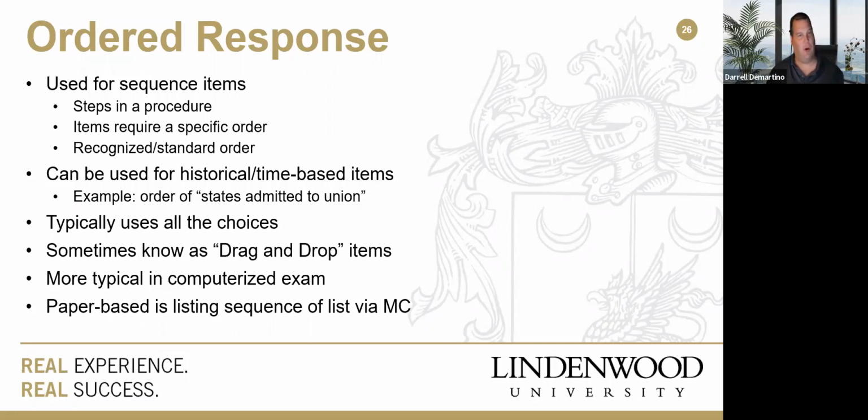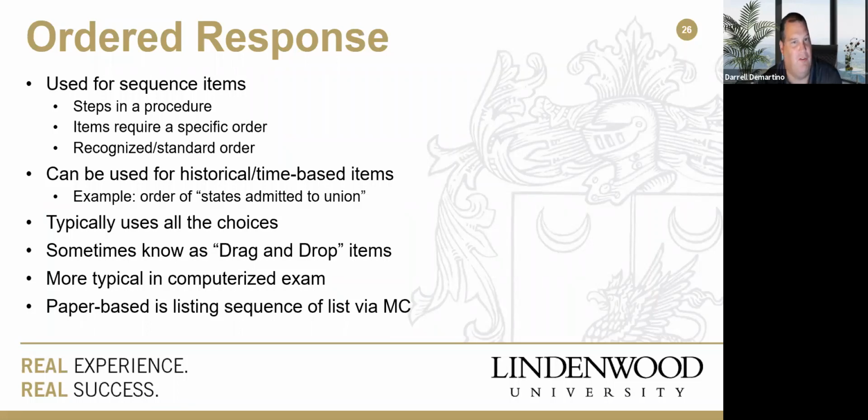So New York was in before California. Where was Missouri and where was Texas in terms of the time frame? Typically, it uses all the choices. So unlike the previous exam item where I had more choices and answers, here I typically have a procedural order and I just have to have them order it.